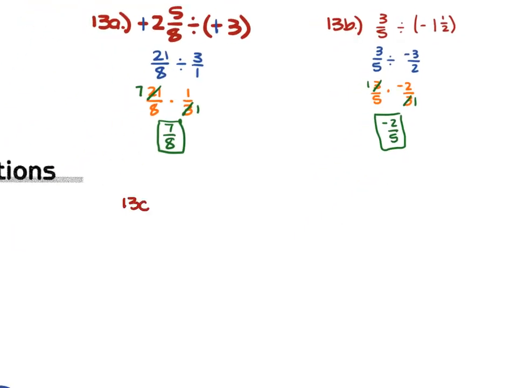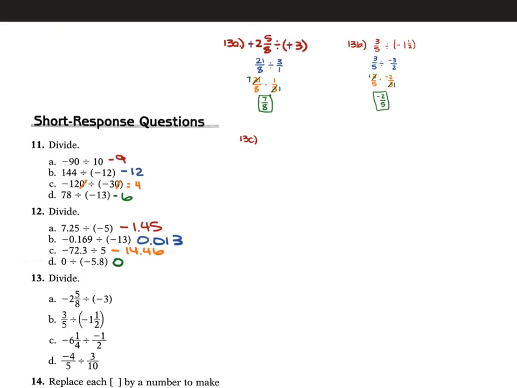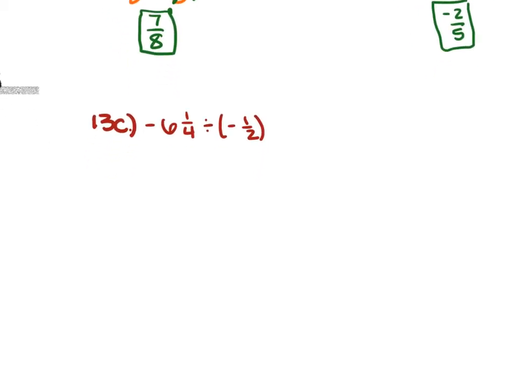For 13c, we are given negative 6 and 1/4 divided by negative 1/2. All right, so we're going to change this into an improper fraction. With the 6 and 1/4, our negative divided by a negative is a positive. So 6 times 4 is 24, plus 1 is 25.